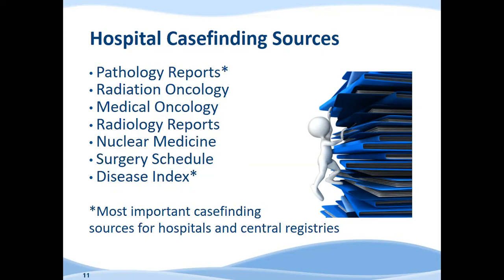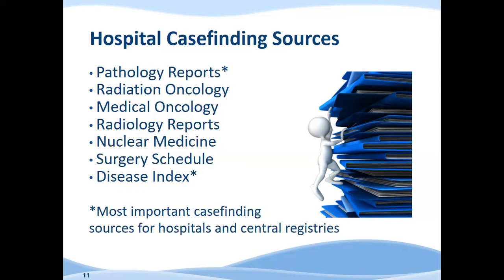Okay, so cancer registrars rely on the coders to accurately code hospital encounters to find these less obvious reportable cases. So we as registrars really depend on those coders to make sure that they accurately code each encounter for the patient, because if they inaccurately code that patient's encounter, it might not get onto our disease index list, and it may be missed through our case finding process.